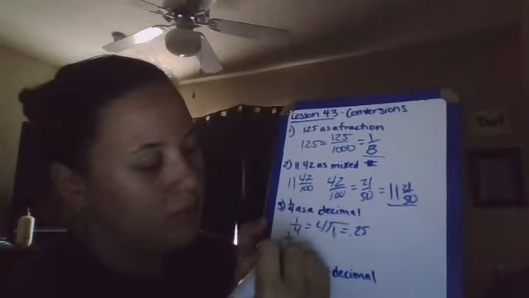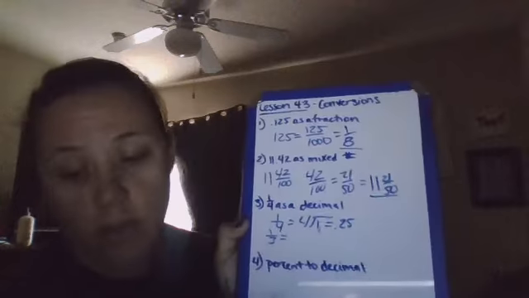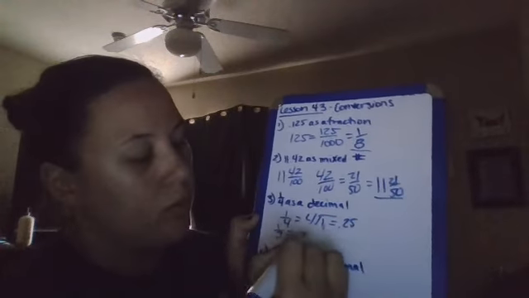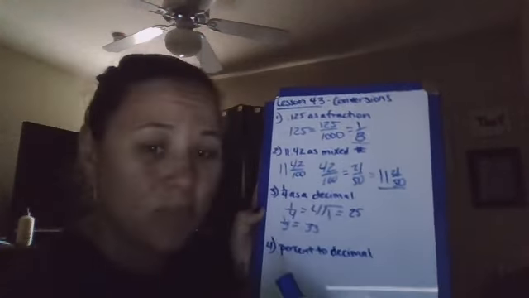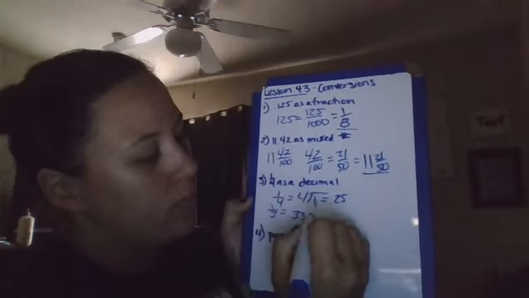So then if they gave us the fraction 1/3, we would divide 3 into 1. It's 0.333, and it keeps going. And then remember from the last lesson, since it's repeating, 3 is the repetend, so we can put 0.3 repeating.